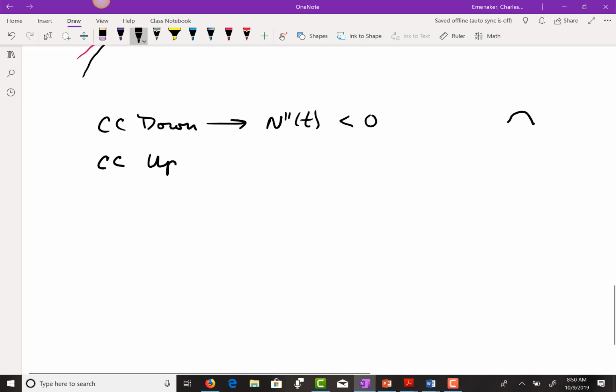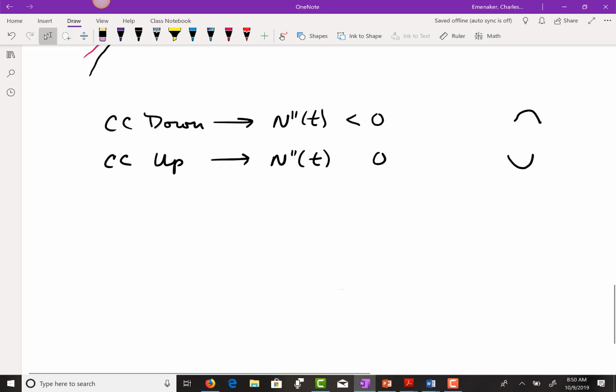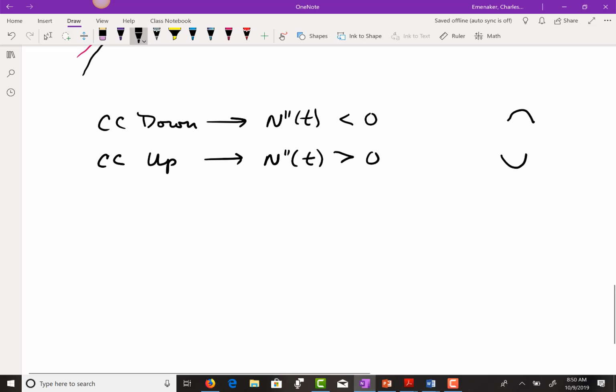Concave up. Second derivative is something or other. Well, concave up looks like that. What's that look like, a smile or a frown? Smile. And smiles are the result of things going positive. Now, the thing you got to be careful of is with concave down, you're at a maximum point.